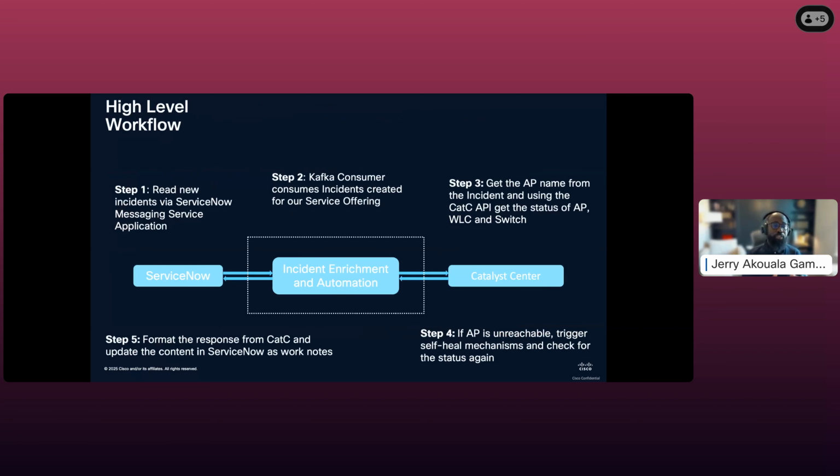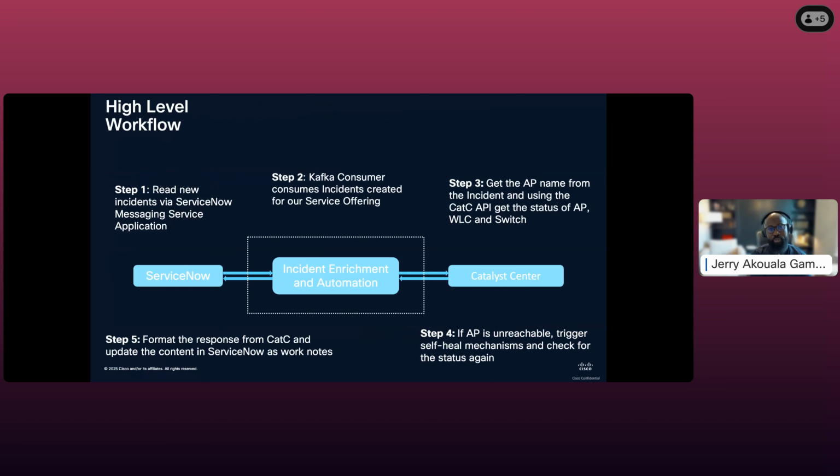So the first step that we'll take with this incident is actually having the automation read the incident via the ServiceNow messaging service application. So in this example, we're talking about an access point that's down, right? So the first step is we read the incident and we see that, oh, there's an AP that's down.